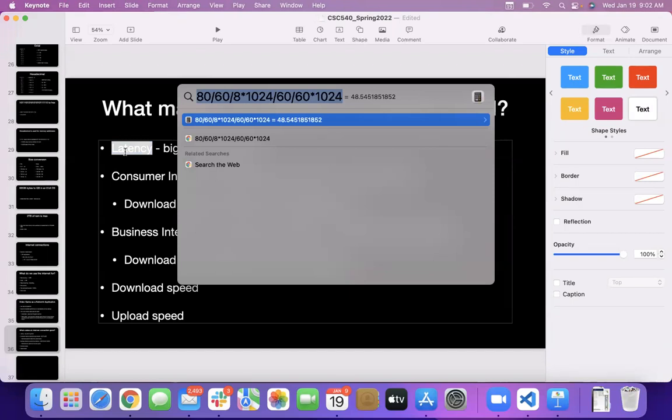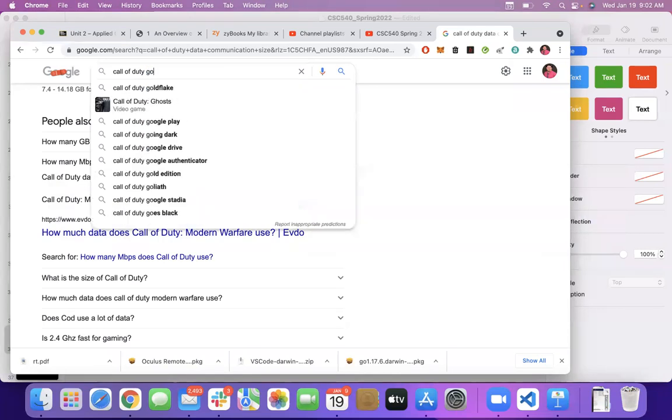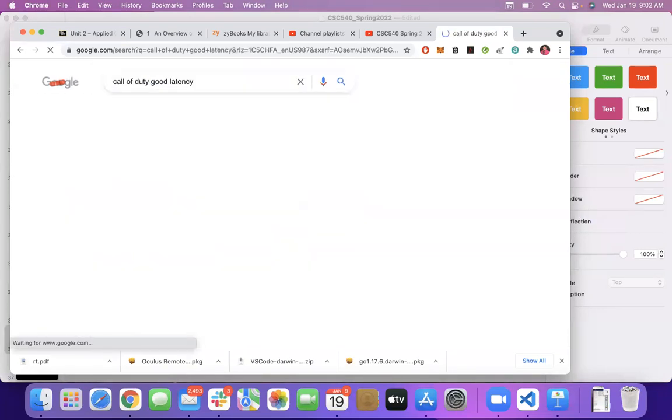A lot of times you might have single-digit millisecond latency. Even if we just call it 15 millisecond latency, that's Call of Duty good latency.